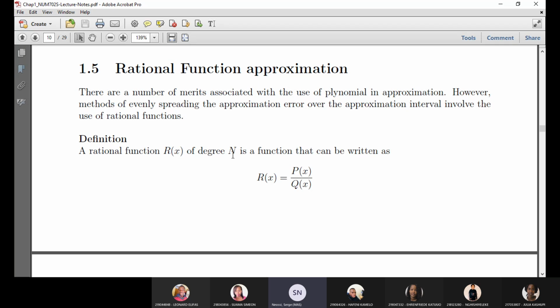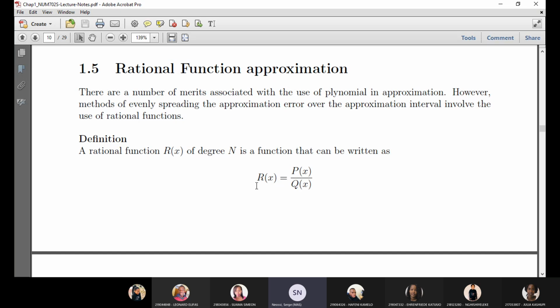A rational function of degree N is a function of the form p(x) over q(x), where p(x) is a polynomial of a certain degree, let's say n, and q(x) is another polynomial of an arbitrary degree, say m. So n is the degree of the numerator polynomial p, and m is the degree of the polynomial in the denominator.